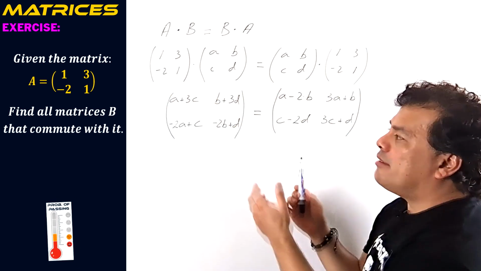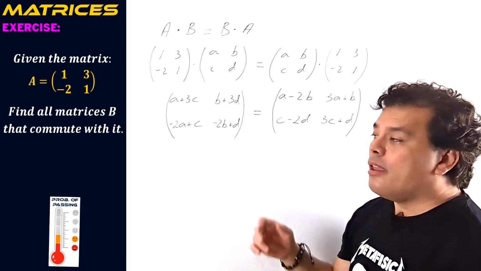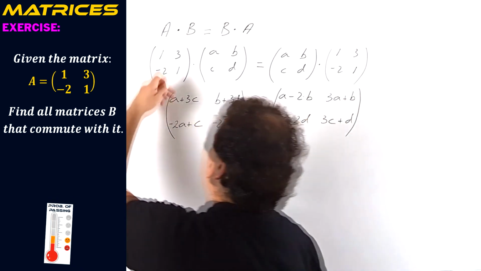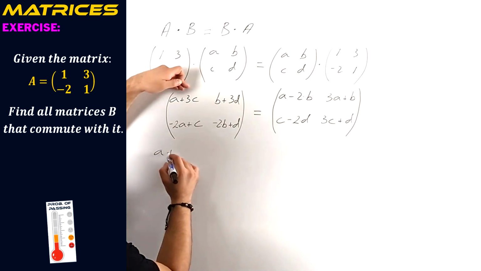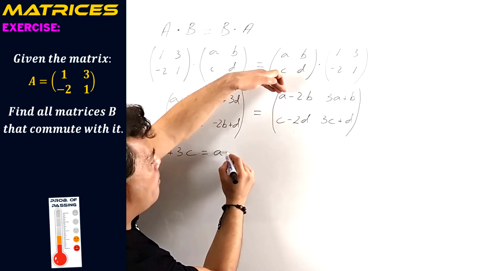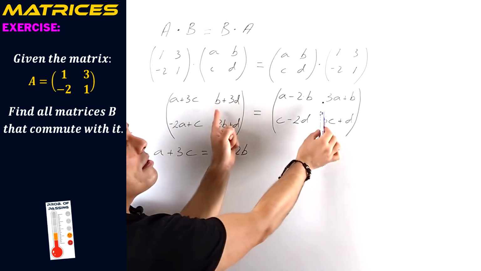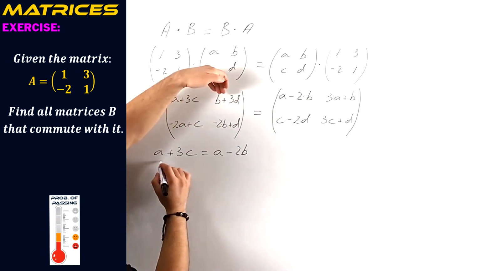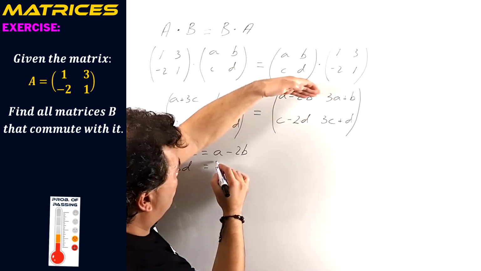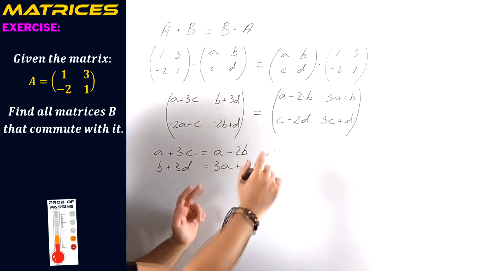That's it. And now it's necessary to consider that if you want two matrices to be equal, it will be necessary to equate all the positions. We're going to do A plus 3C equals A minus 2B, right? Second position, B plus 3D equals 3A plus B, right?